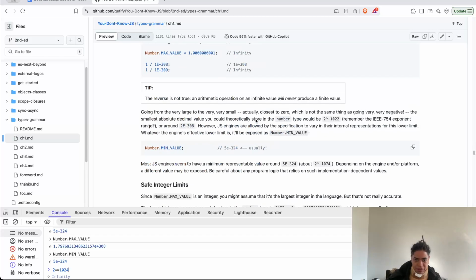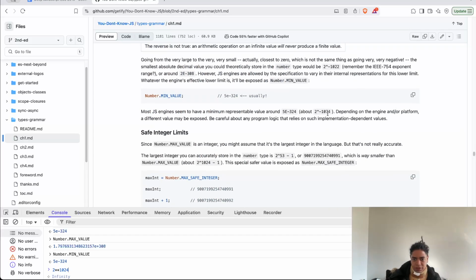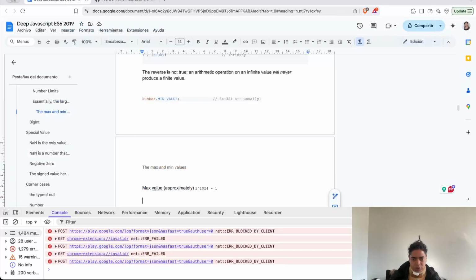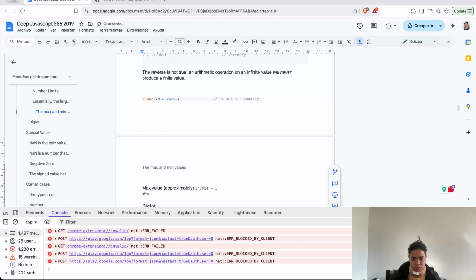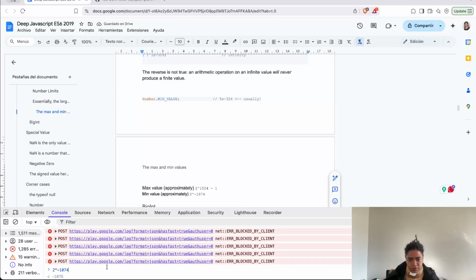And the min value approximately is this. So you can use this as a way to represent that. It's going to give you the representation of this.